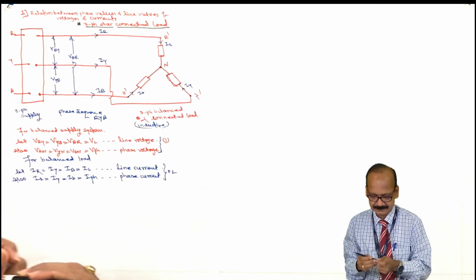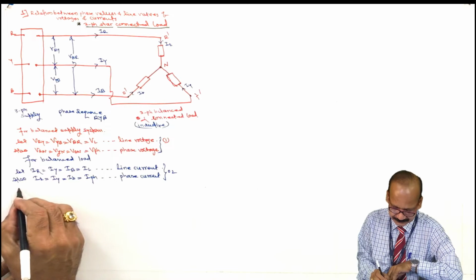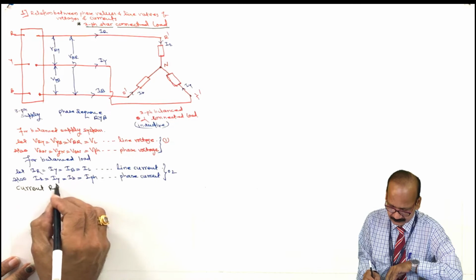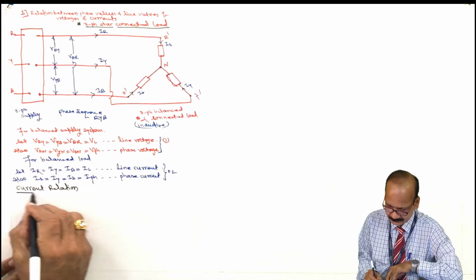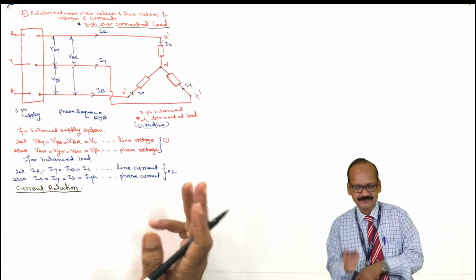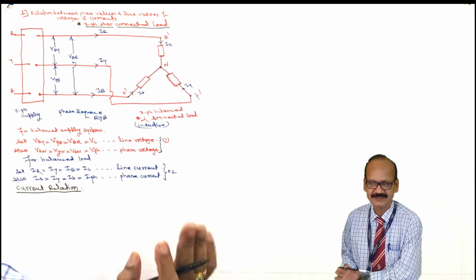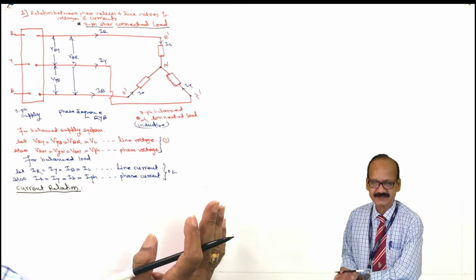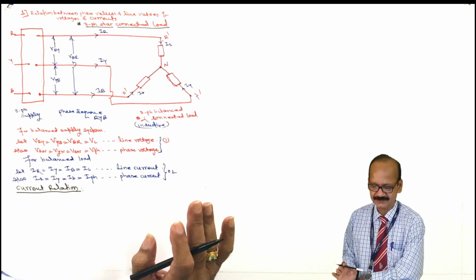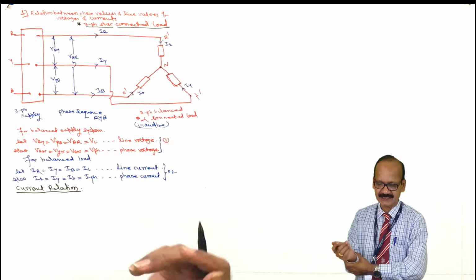Then the current relation. Now if you observe the diagram carefully, observe the line current and the phase current. It is observed that the same line current enters into the respective phase of a load, and therefore we can make the conclusion line current equal to phase current.